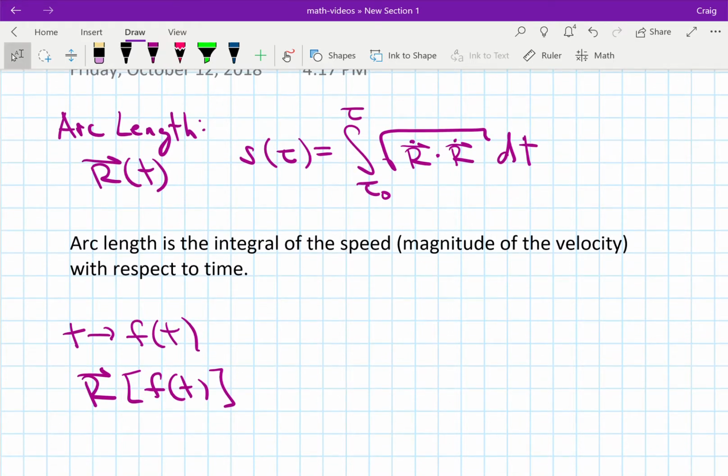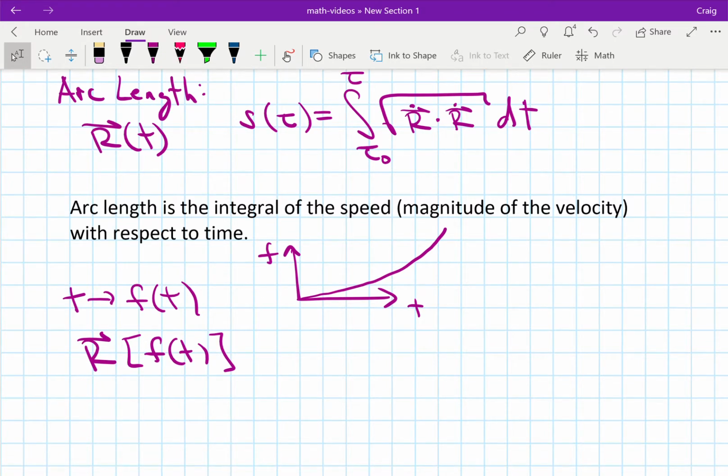I can go at a different speed as long as this f is monotonically increasing. Okay, so maybe my clock is ticking slow originally, so this could be f as a function of time. So my clock is ticking slow, and then eventually my clock is ticking faster at the end, and I'm going along that curve faster than I would be if I'm treating it as a function of f rather than treating it as a function of t.